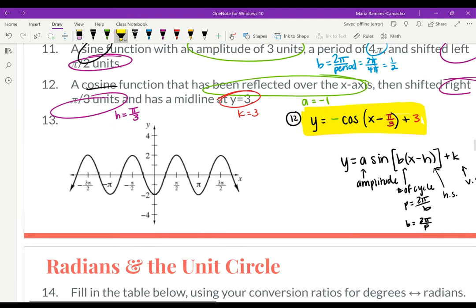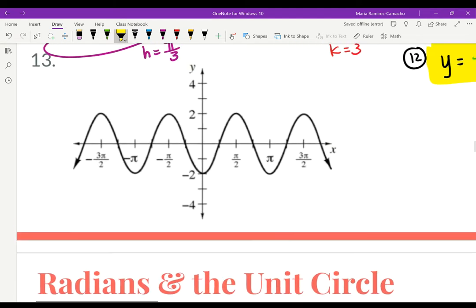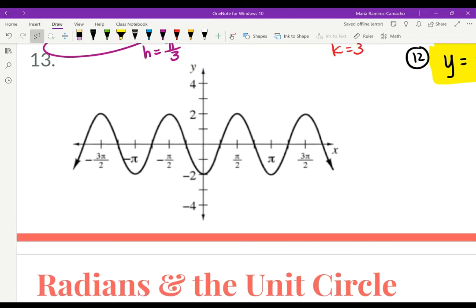Okay, and then for number 13, we're given a graph. So we have to pick, first of all, whether we're going to use sine as a reference or cosine as a reference. And then from there, find the different parts of the graph to create the equation. Let's say we're using sine.